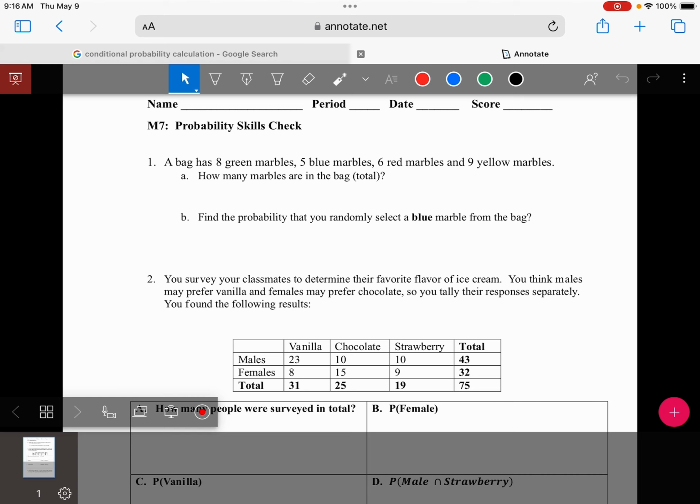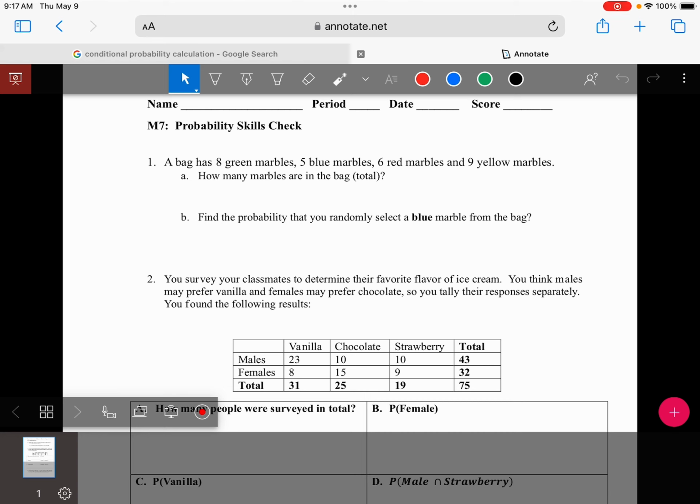So the grading scale for the skills check, just so you'll know, and I've already put these grades in. 18 through 20 is an A. 17 or 16 would be a B. 15 or 14 is a C. 13 or 12 is a D. Anything below a 12 is not passing.